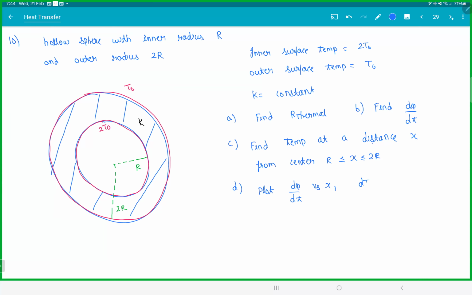Plot dT by dx, that is temperature gradient versus x coordinate. If k is variable, k is not constant, and k is proportional to x power n, find n if temperature changes linearly. Meaning you want the temperature to change linearly, gradually from 2T naught to T naught.